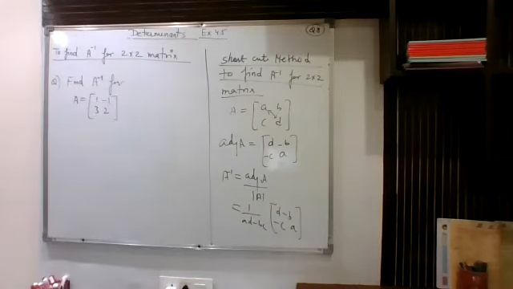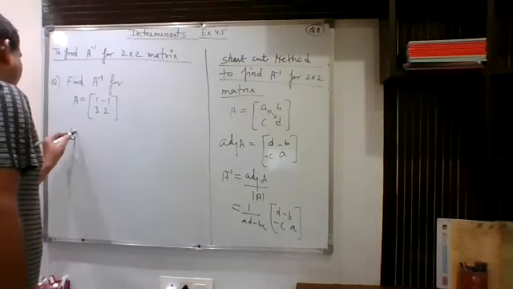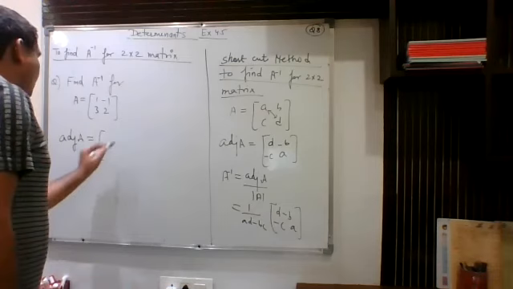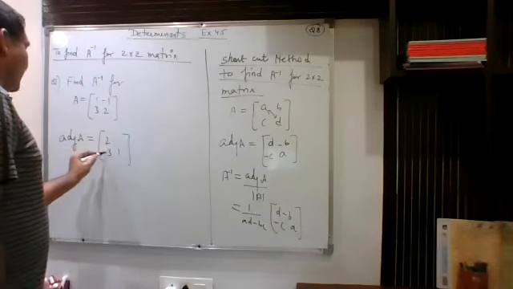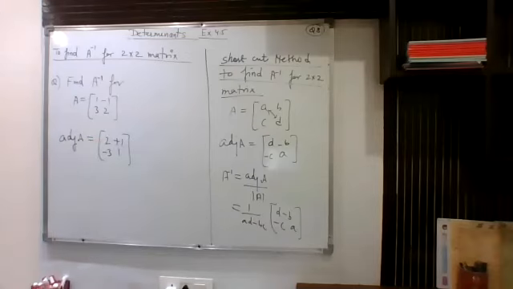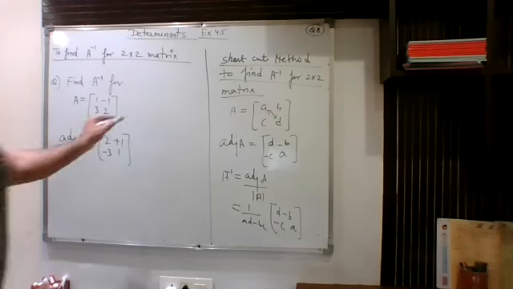Okay, suppose you want to find the inverse for this matrix. Now let us find the inverse by shortcut method. So first of all, straight away you can write adjoint of A will be just interchange the diagonal entries and multiply the off diagonal with the -1. So this is what you will get. Now let us find out the determinant of this also.